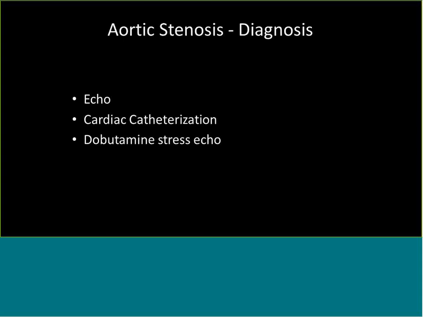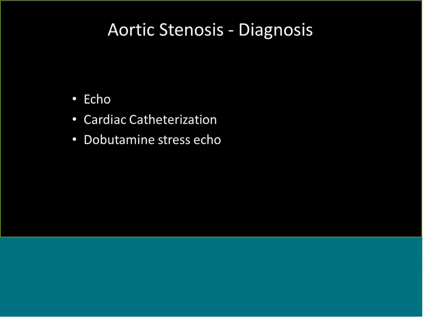Stress echo. This is an important player because the gradient across the valve has to do with the size of the valve orifice and flow across the valve. So in some instances, the ventricle can't produce enough stroke volume to be able to appreciate the degree of aortic stenosis.